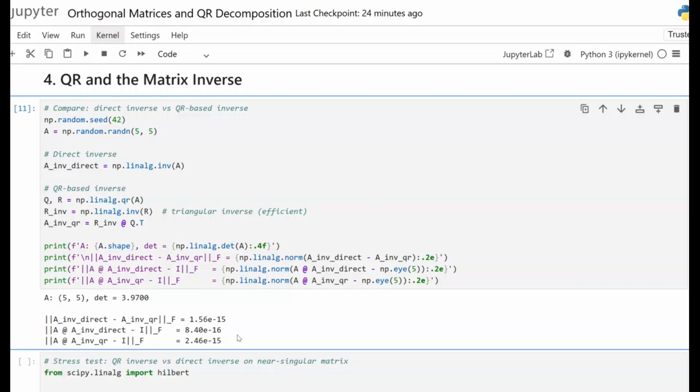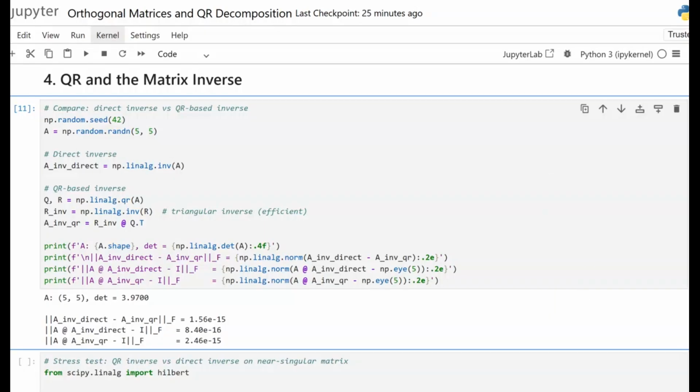From this, again I specify, both are accurate here in practice, but the QR based method is often more stable than direct inversion.